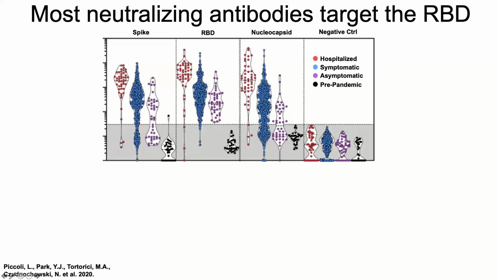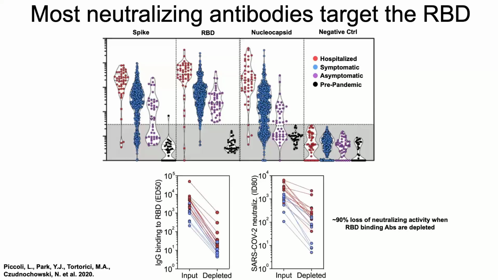And what we can further see, as we narrow into the spike, is that the majority of the antibodies targeting the spike are likely targeting the receptor binding domain, the portion of the spike that really interacts with ACE2. We can further show that not just the majority of the antibodies bind to the receptor binding domain, but also that the majority of the neutralizing potential of these antibodies is held in those that bind to the receptor binding domain.